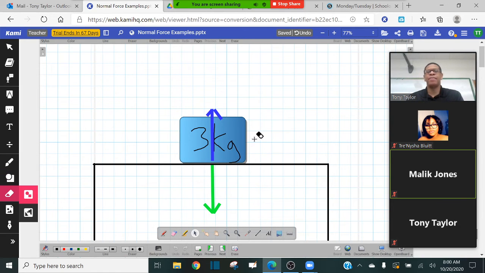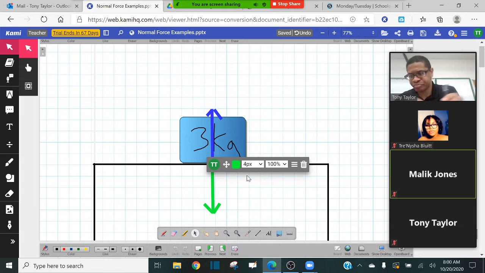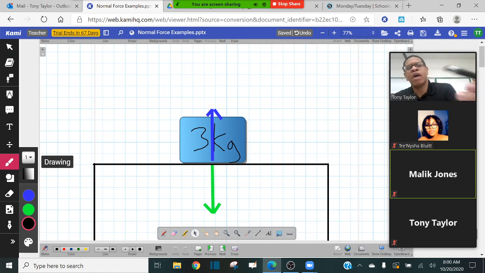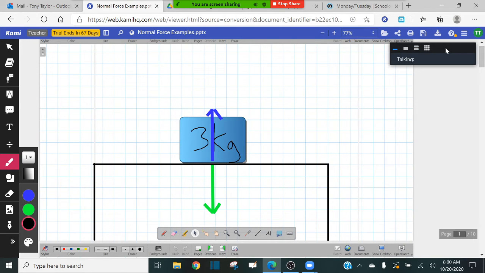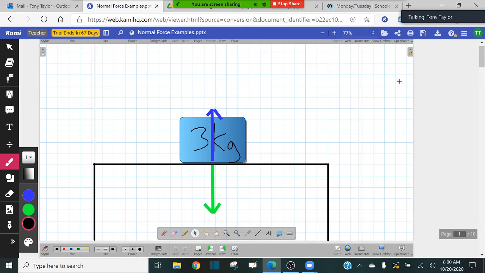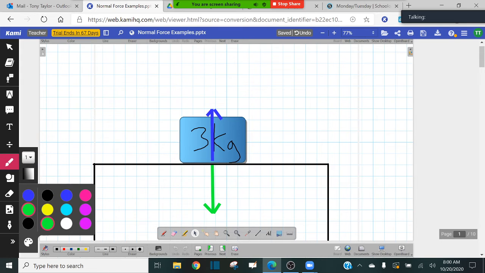Now, before we can find the magnitude of this normal force here, we need to first find the magnitude of the force of gravity here. And guys, y'all know how to find the force of gravity. The force of gravity is equal to the object's mass times 10.